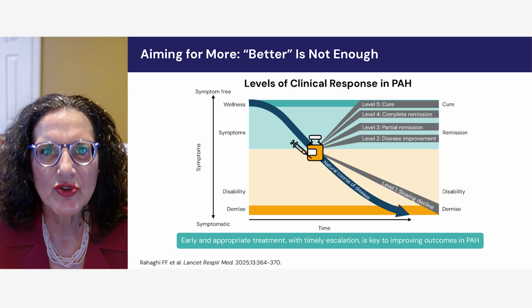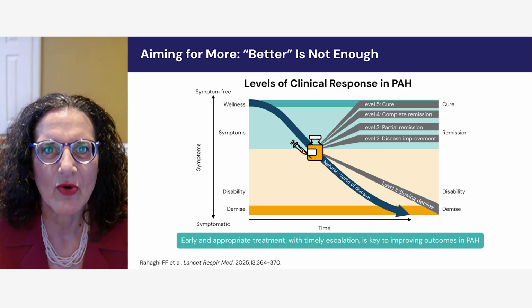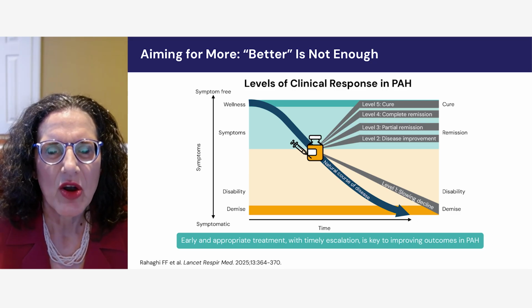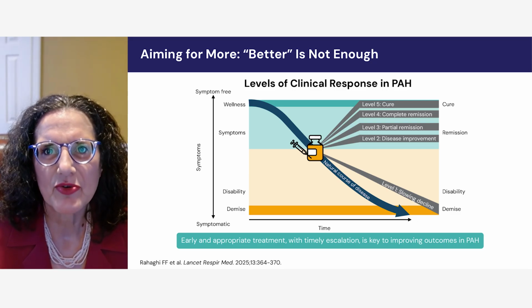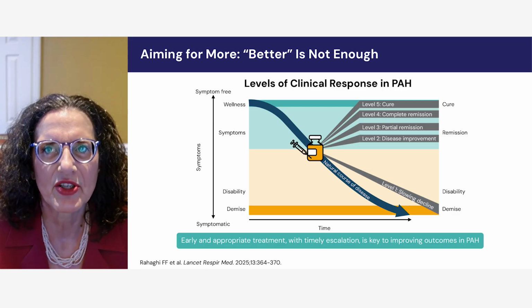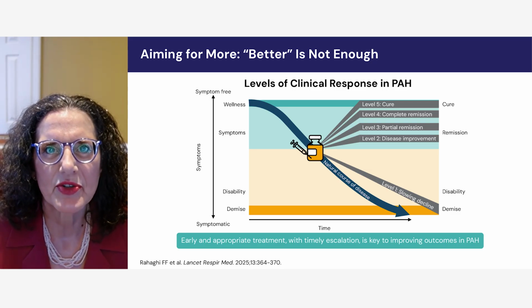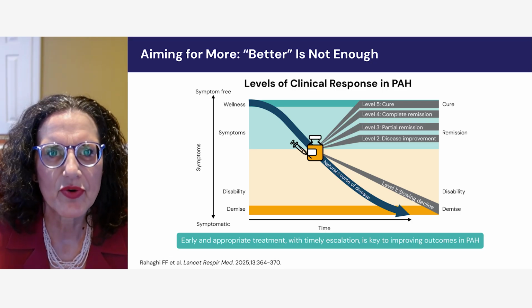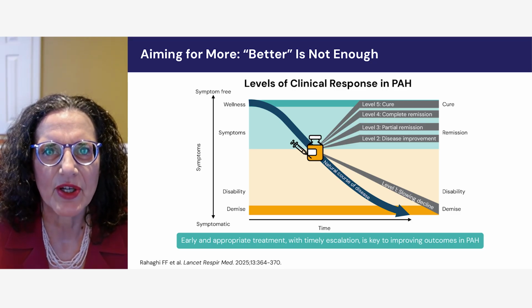But with the tools we have in our armamentarium now, we can improve our patients, we can improve the disease, and we can even get partial or even complete remission looking at hemodynamics and RV function. So I think we have the opportunity to be more aggressive with these goals, and hopefully that will improve long-term patient outcomes. Please answer this challenge question.